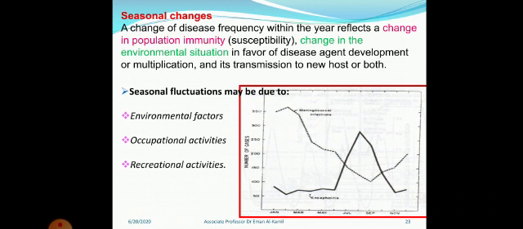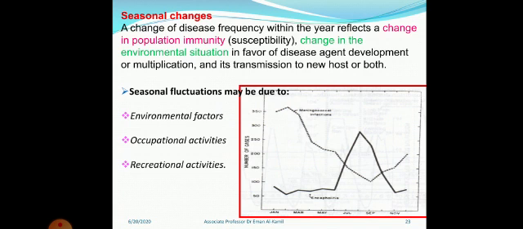For example, malaria is more likely to occur after winter, in spring and summer, because after winter there are collections of water where the Anopheles mosquito will breed, and it will increase the transmission of the infection. So the environmental factors enhance the transmission of certain diseases.